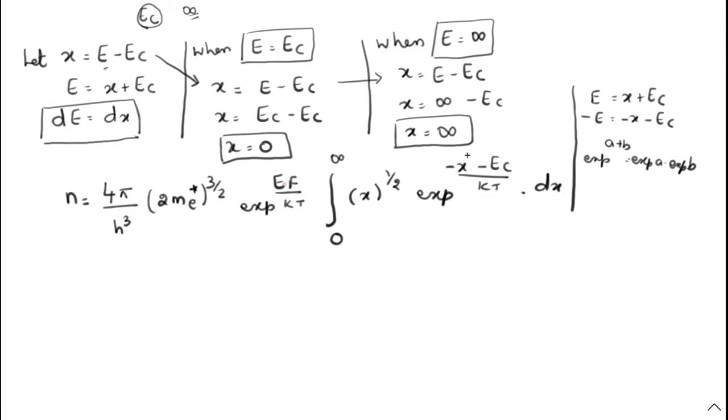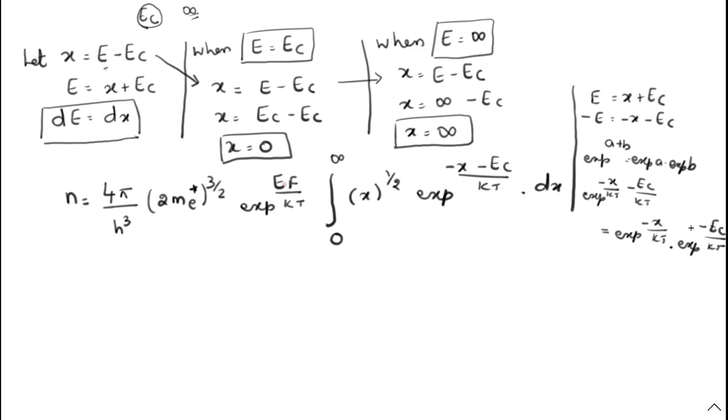According to this, what is our expression? Exponential of minus x by KT minus EC by KT, which is equal to exponential of minus x by KT into exponential of minus EC by KT.